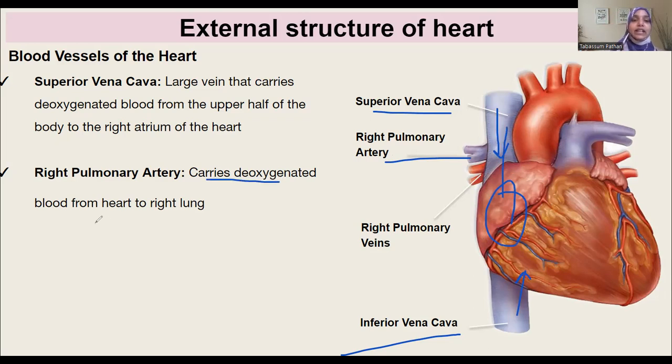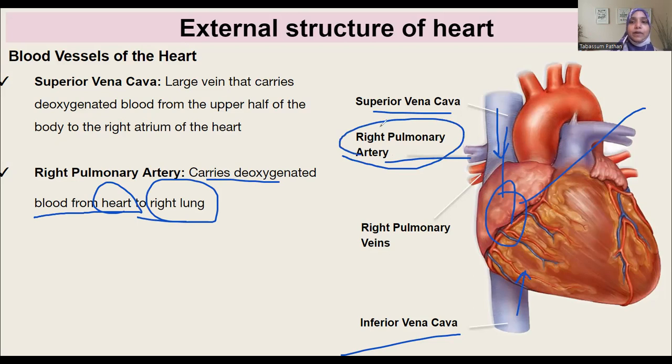So from the heart they will take it to the lungs. Which blood vessel? The right pulmonary artery. Though it is named artery, it will carry deoxygenated blood.